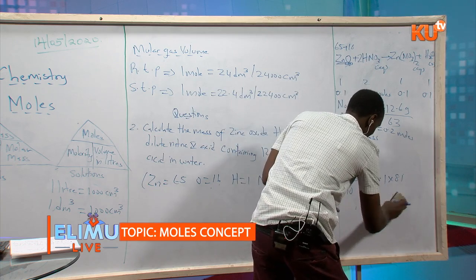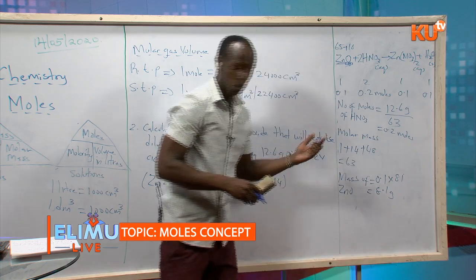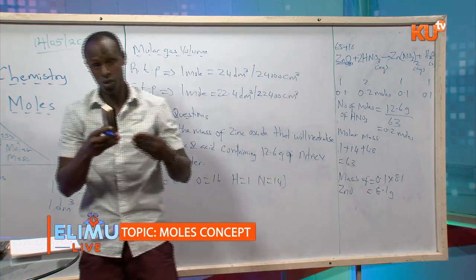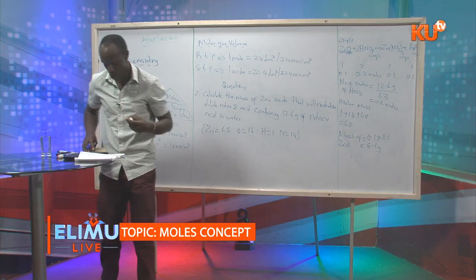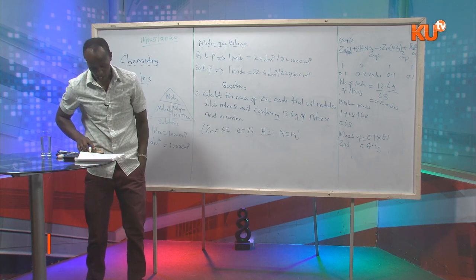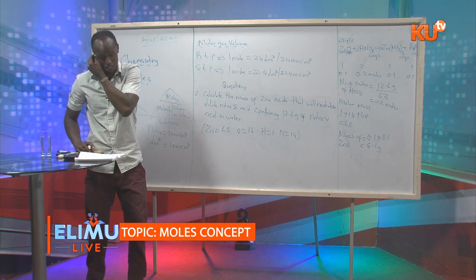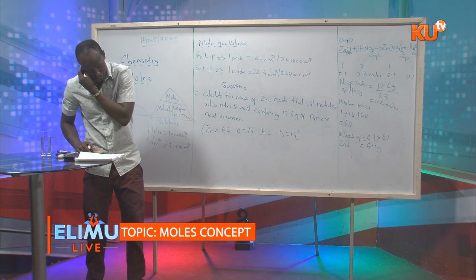Then you get 8.1 grams. So please go through the working slowly and try to digest it. That can earn you 3 marks, and it doesn't even take a lot of calculation.